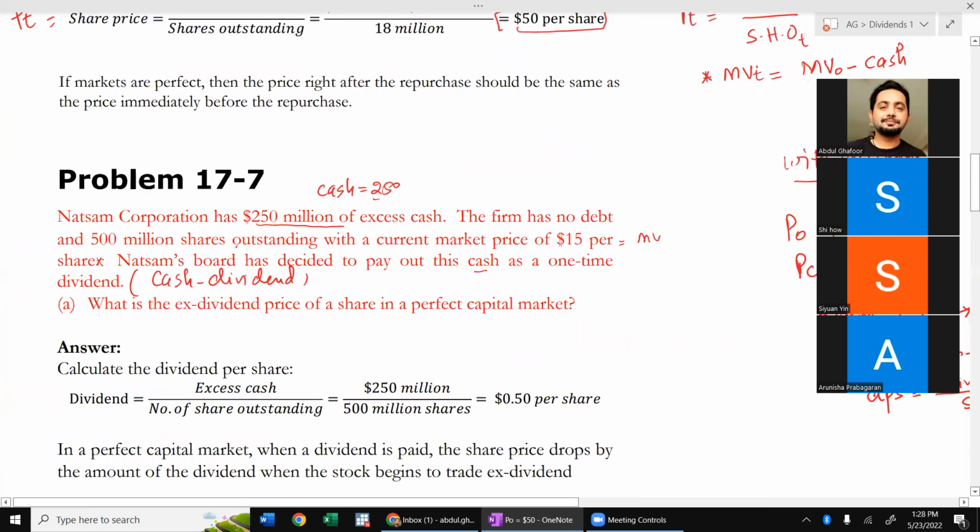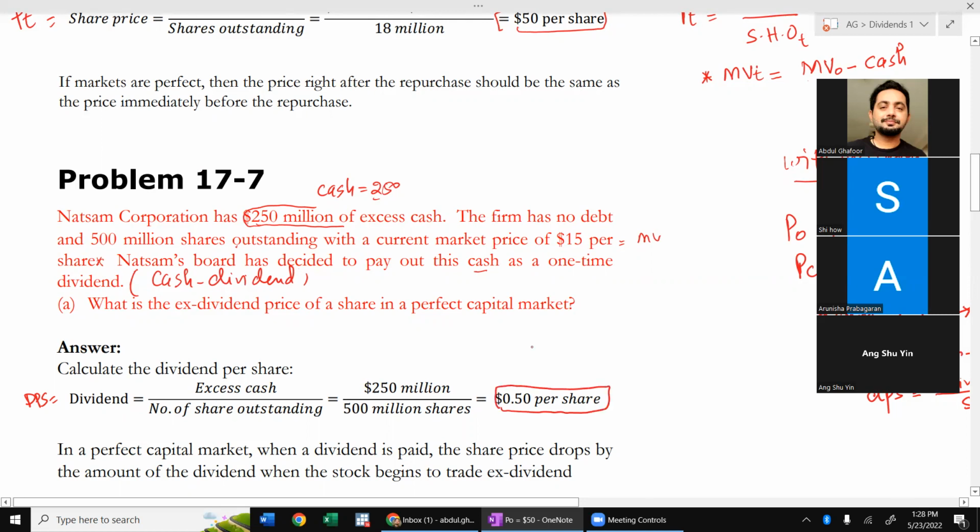In this question, the company is distributing 250 million as total dividend, so we need to calculate dividend per share. DPS is cash divided by shares outstanding, so 250 divided by 500 million. The answer is 0.50 per share.